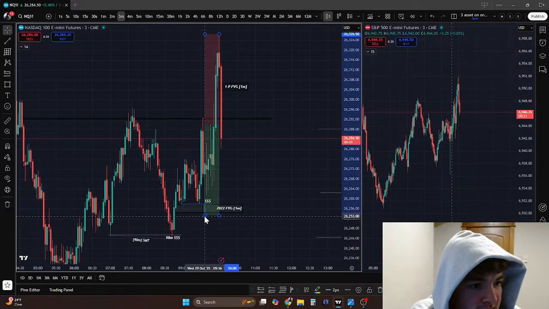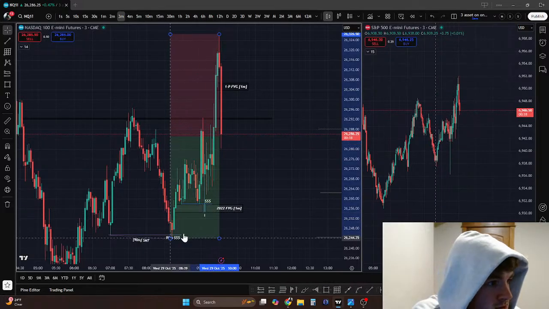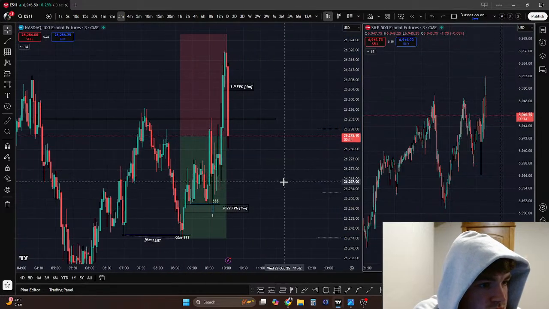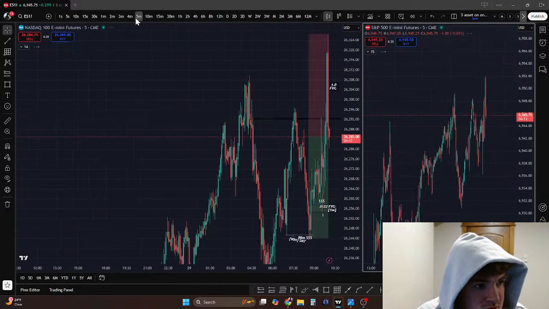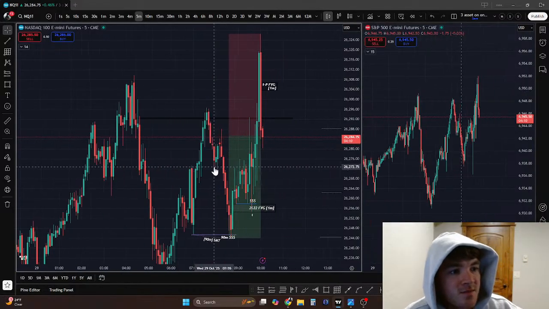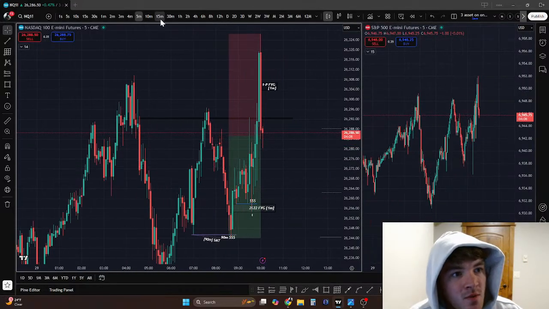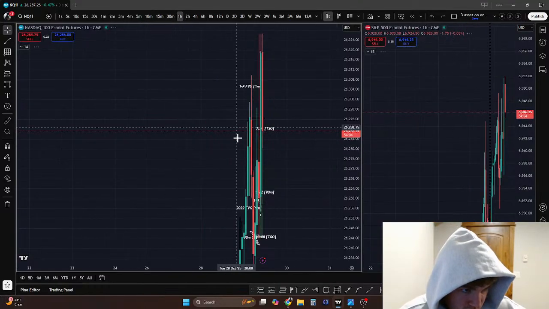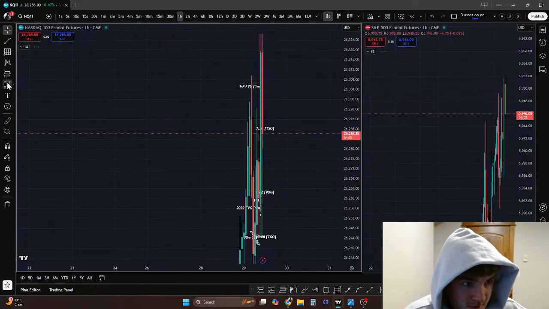So we rebalanced back to discount. I kind of feel like the market might stay bullish. Oh, you know what? We're looking at the wrong Reaper gap. We got to look at the Reaper of this 1 hour breaker.